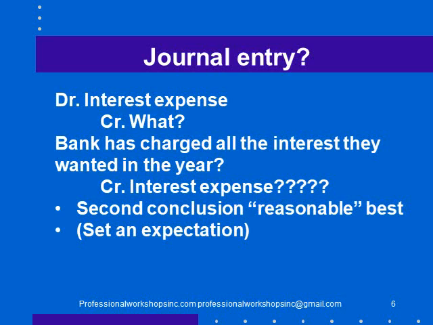Debit interest expense, credit interest expense. We've made up an imaginary error that we do not know how to propose a journal entry to adjust. So I like the second conclusion, and the second way of doing a test is it's reasonable. And if we set an expectation for our analytical procedure, we're fine. So that's a better way to do an analytical procedure.